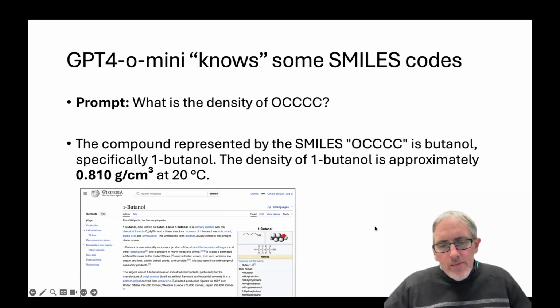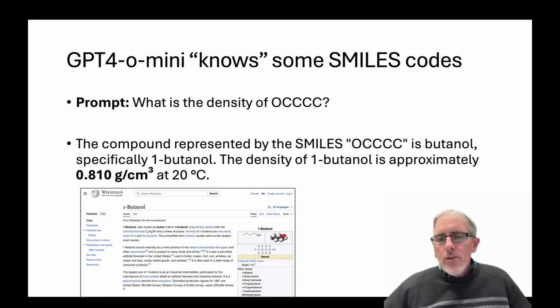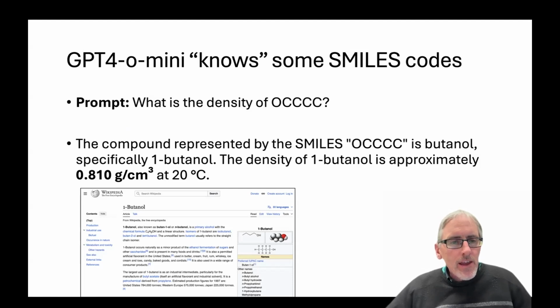So there's plenty of SMILES codes available in web scraped data that's probably been used in training most LLMs. So if you look at a Wikipedia, you'll find many SMILES codes. And therefore, if you ask questions that match to that, so here I asked a GPT for a specific property of a chemical butanol using the same representation of the SMILES code from the Wikipedia article, I get a precise and accurate answer.